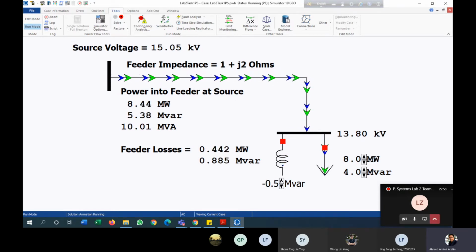I'm converting into the initial stage where the source voltage is. First you need to analyze what the values are in the initial stage, like this is the source voltage, those are the real and reactive power from the sending end to the receiving end. Okay, and those are the losses.